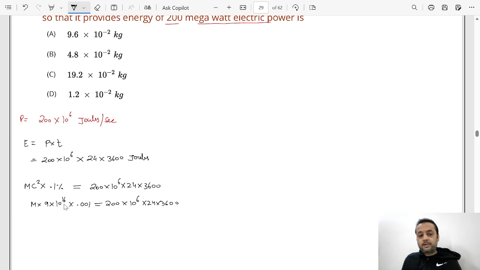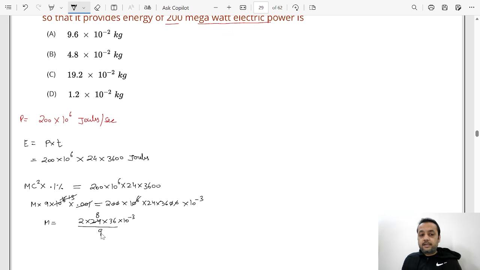This will make it 10 to the power 13, and then 10 to the power 3, which I'm bringing this side, so it becomes 10 to the power minus 3. The 9 you can also bring this side, so m becomes 2 into 24 into 36 into 10 to the power minus 3 upon 9.